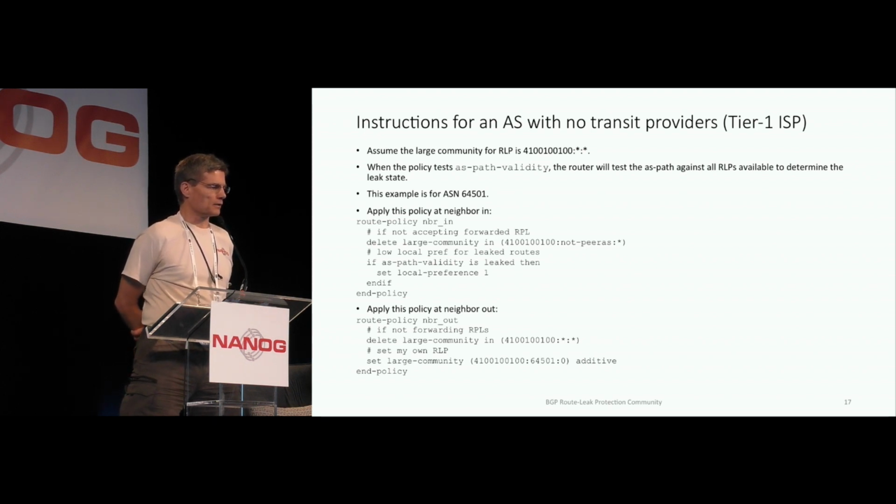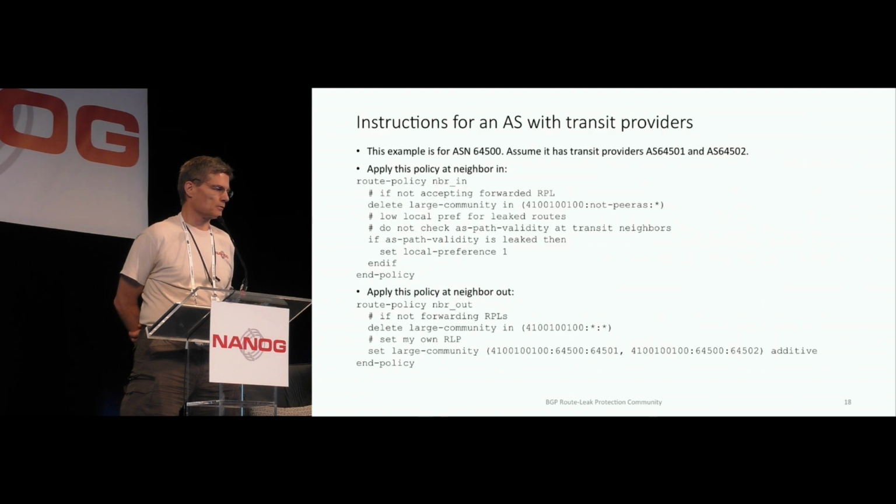And then on the neighbour outbound, if you're not forwarding any RLPs that you received, then you just delete them, and you put your own RLPs in like this, and you put additive.